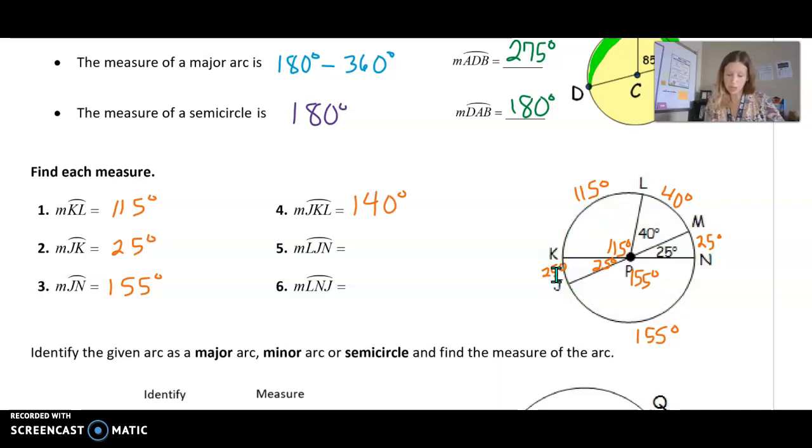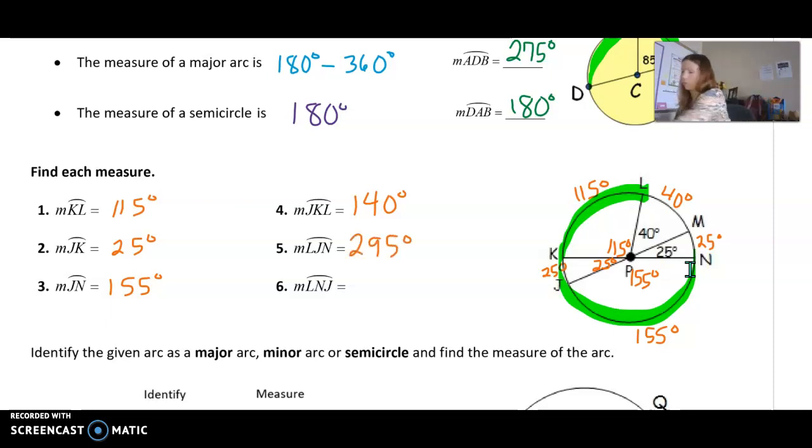Next one, LJN. You need to follow it in that order around the circle, L, J, N. Wow, it's a lot. So 115 plus 25, we already know is 140, plus 155, so that's 295. And the last one, LNJ.